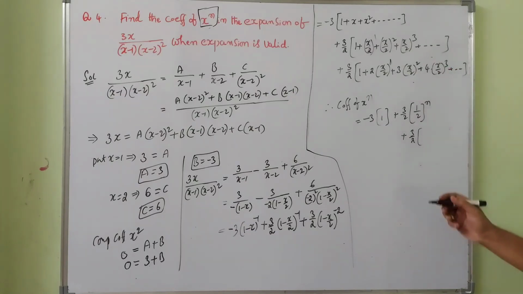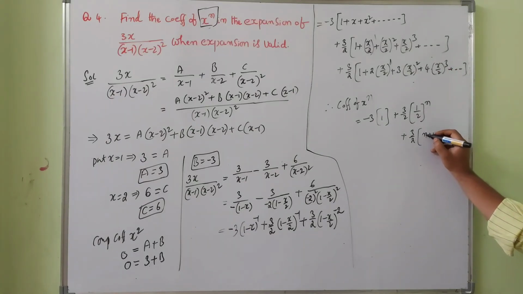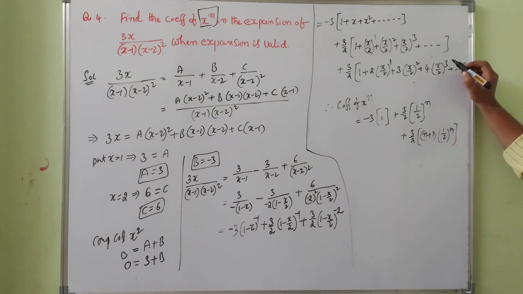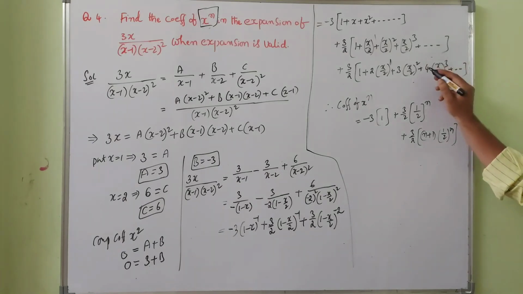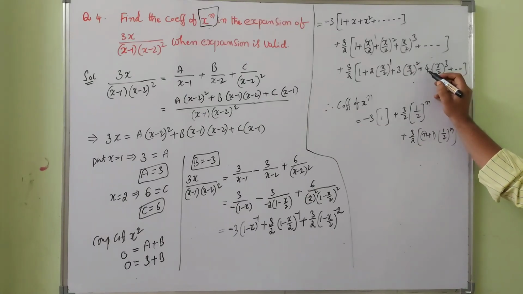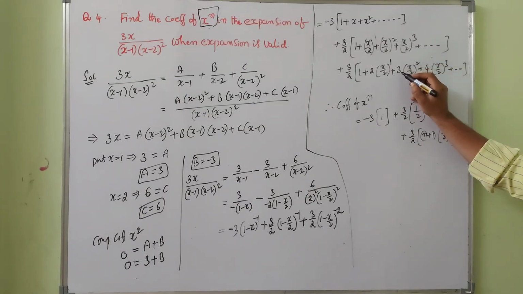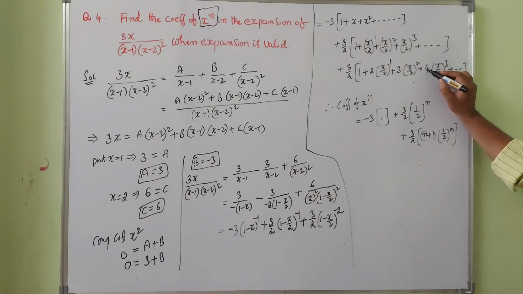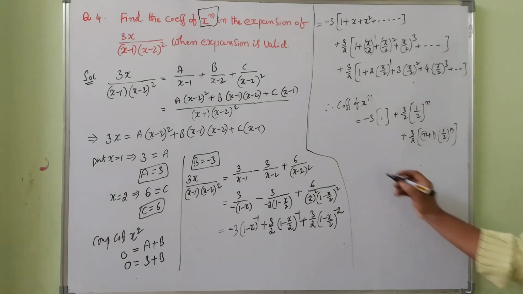If you go on continue, x power n coefficient is n plus 1 into 1 by 2 power n comes. I will explain this again. For x power n, coefficient is 1 by 2 power n comes, and also the power is 3, here you got 4, power is 2, here you got 3, one more extra. So for x power n coefficient, what you get? N plus 1 into 1 by 2 power n.